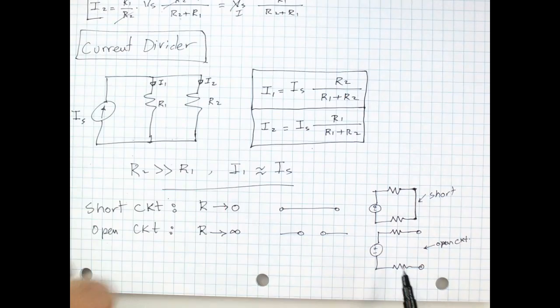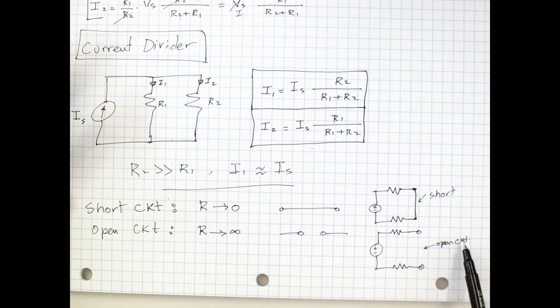Notice that when you have an open circuit, you no longer have a closed circuit. You no longer have a closed loop. So if you think about it, if current starts flowing in here, current doesn't flow out from the terminals in general.